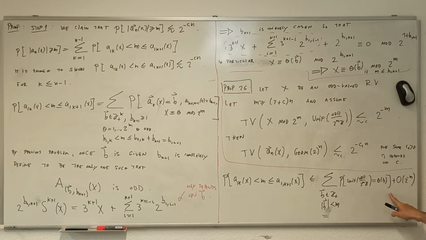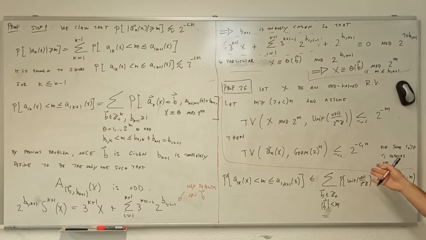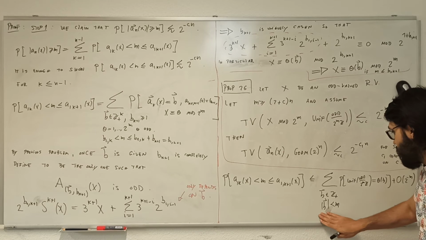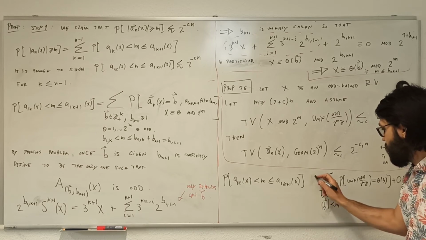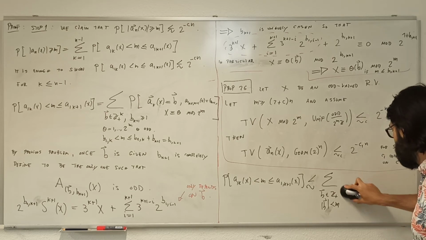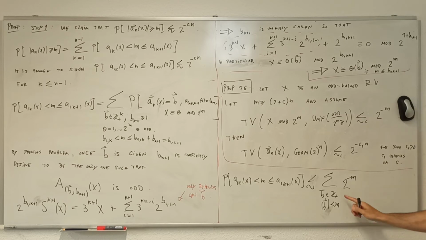This probability is just 2^{1-m}, which is comparable to 2^{-m}. So we conclude that this thing is less than 2^{-m}, and then you can make a sum here, and it's easy to compute. This is equal to m minus 1 choose the number of variables, k.